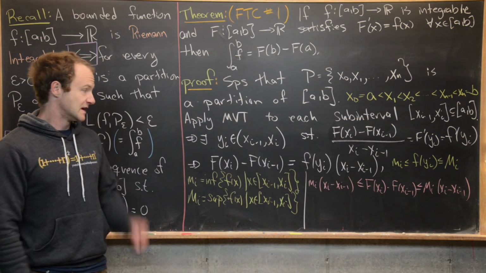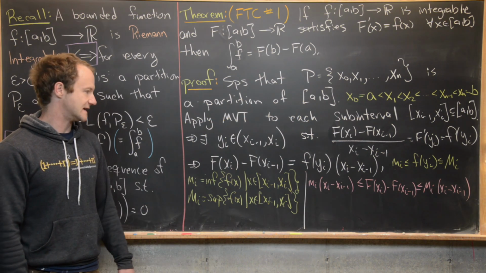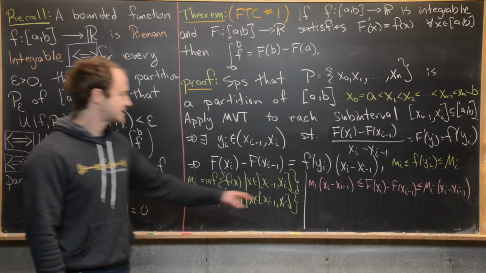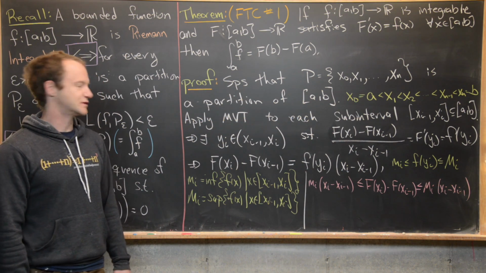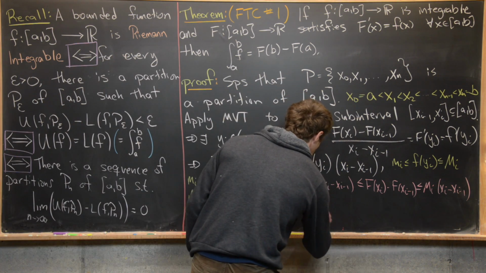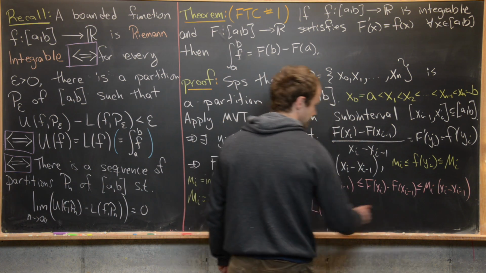Okay, nice. Now what we'll do is sum over all i between 1 and n. Summing this left-hand part of the inequality over all i between 1 and n gives us the lower sum of f on this partition.